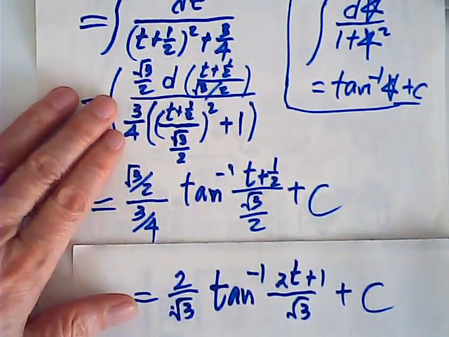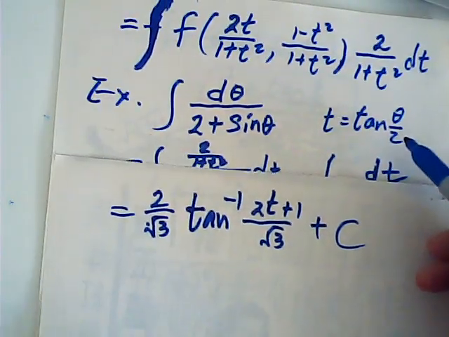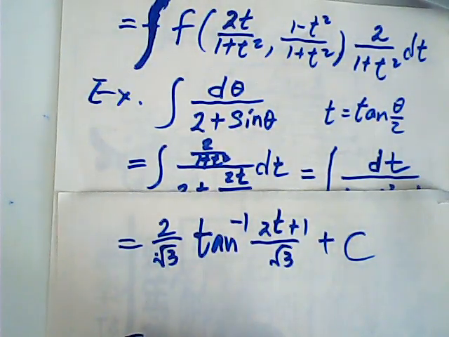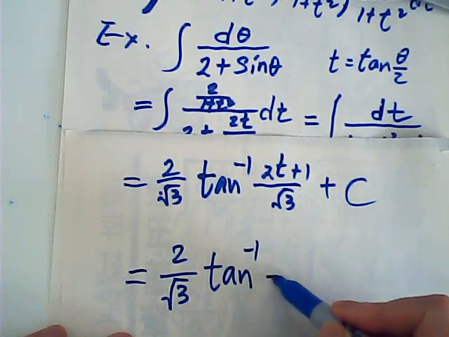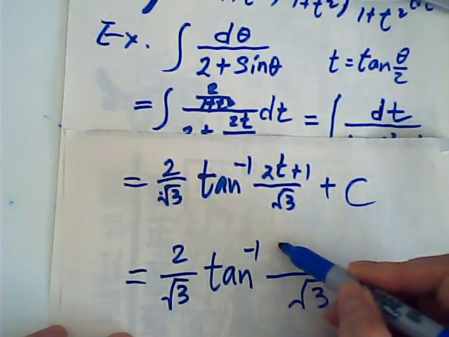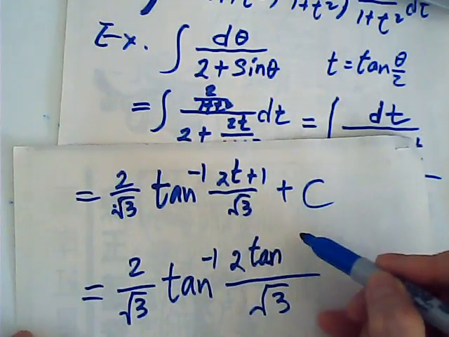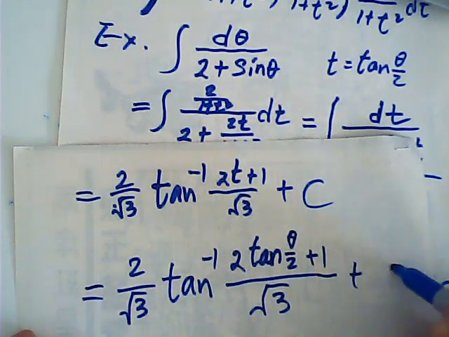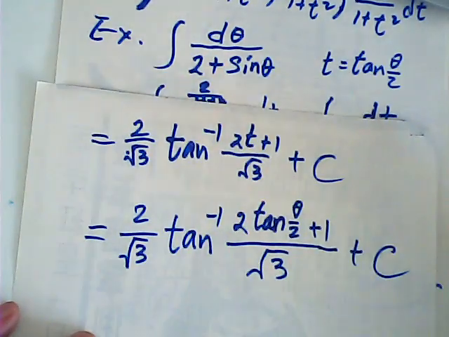So for this integration, then we have to replace t back with tangent of half theta. This is equal to 2 over root 3 arctangent of (2 tangent half theta plus 1) over root 3 plus c. But that's finished for this integral.